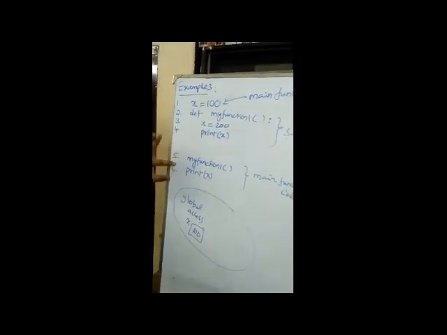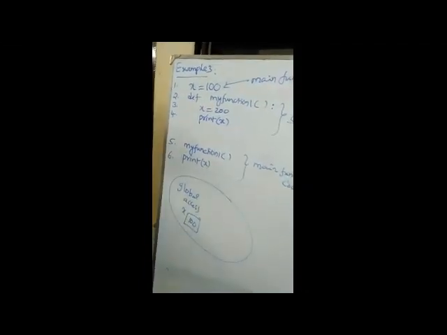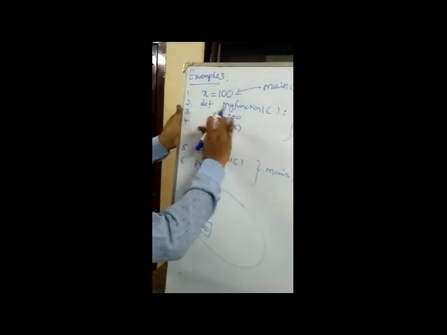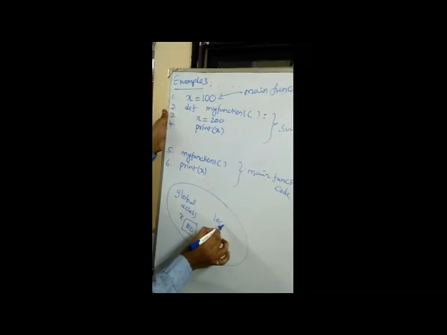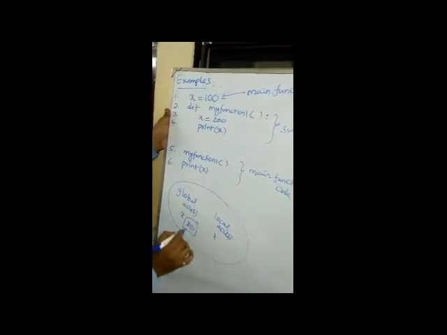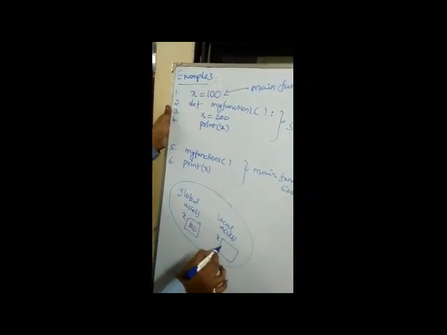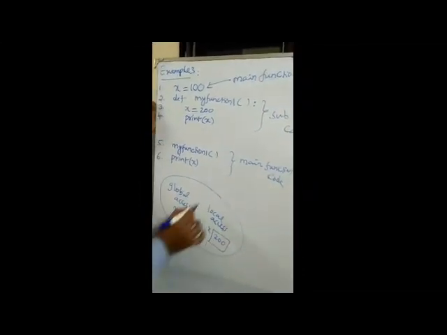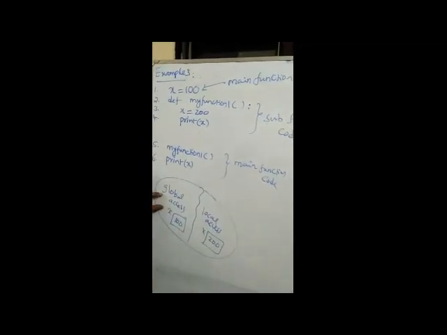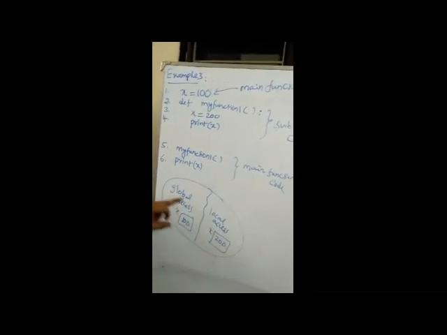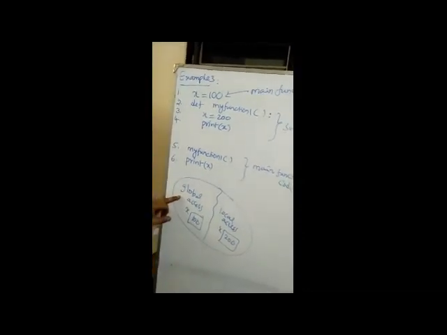Here x is equal to 200 is local access. These two x's are different. This one is the global variable x. This one is local within the function, different from the variable outside the function.